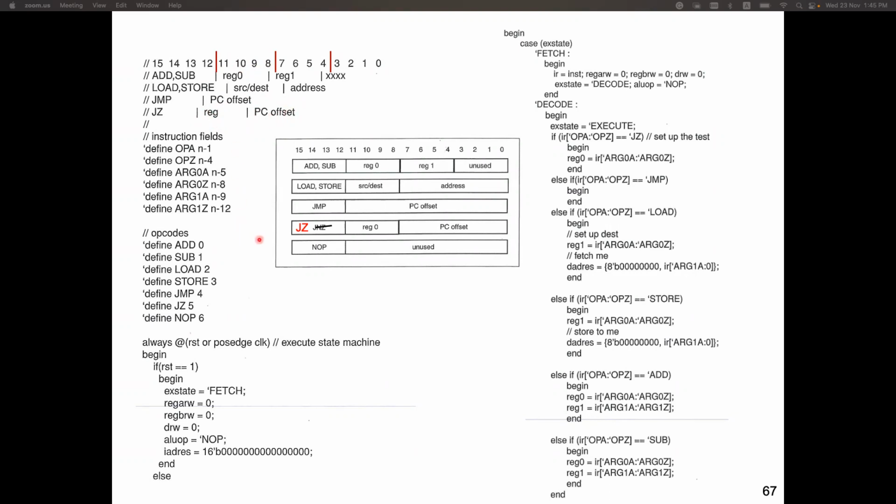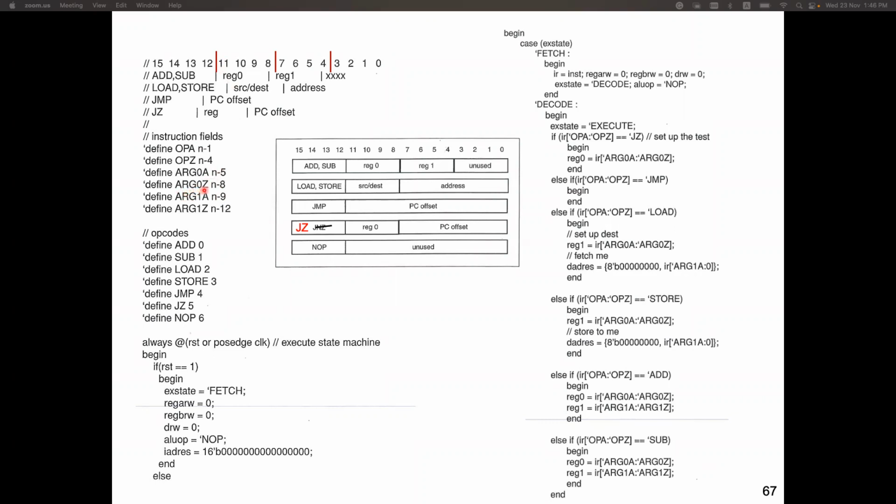Now, for convenience of talking about the position of this instruction, we define these parameters. Op A is bit 15. Op Z is bit 12. A is the starting point, Z is the end point. Argument 0 A starts from n-5, which is 11.